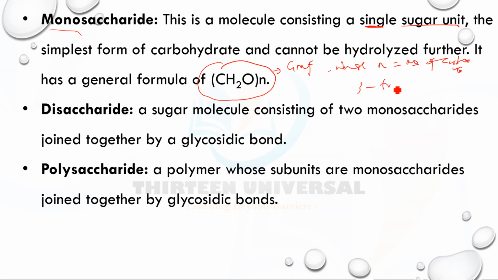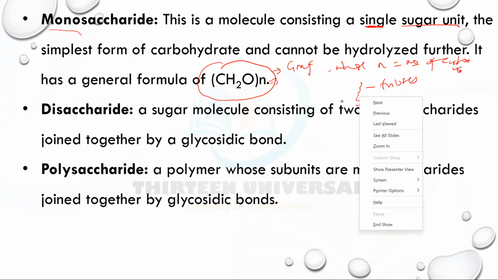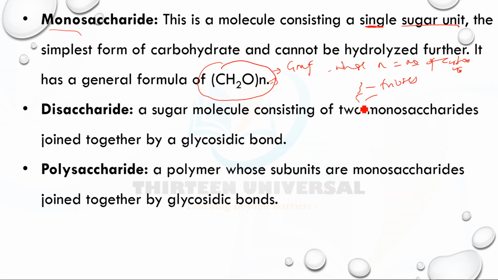If N is 3, we call them trioses. If N was 5, we call them pentoses.